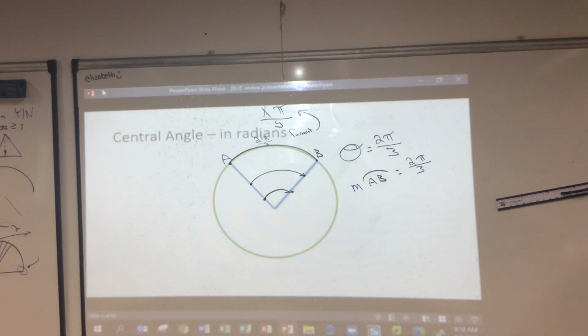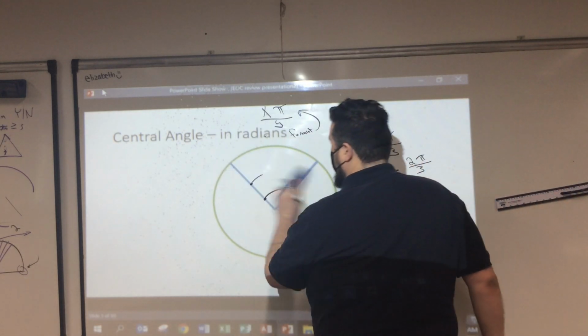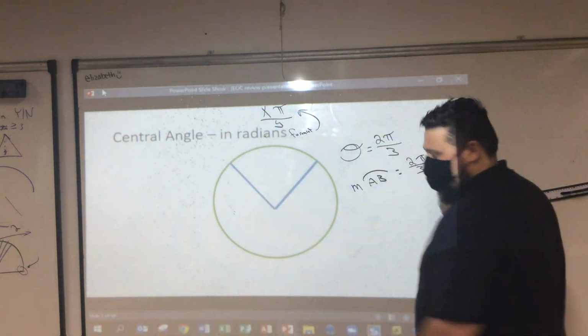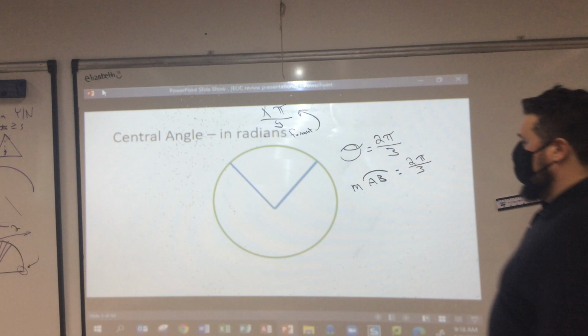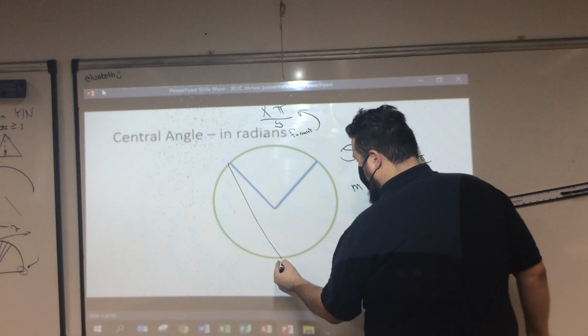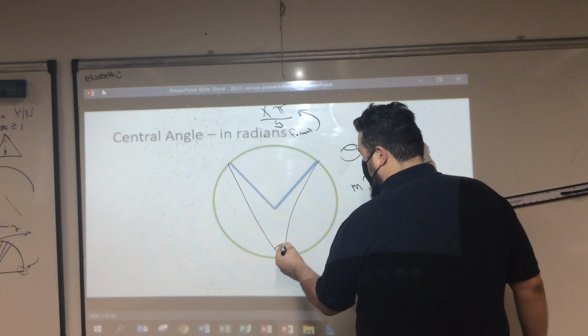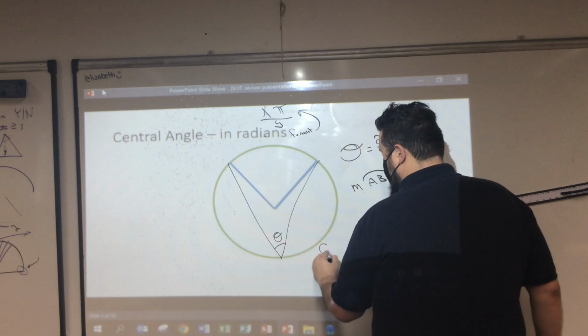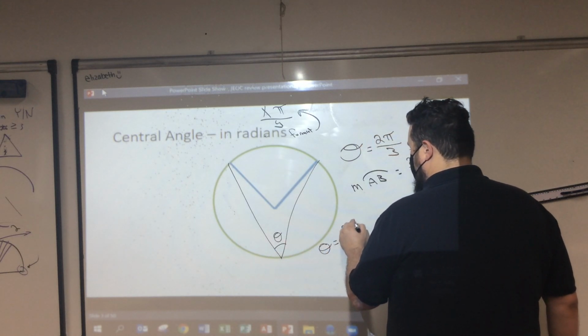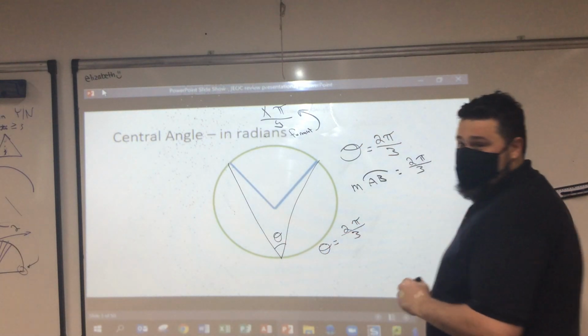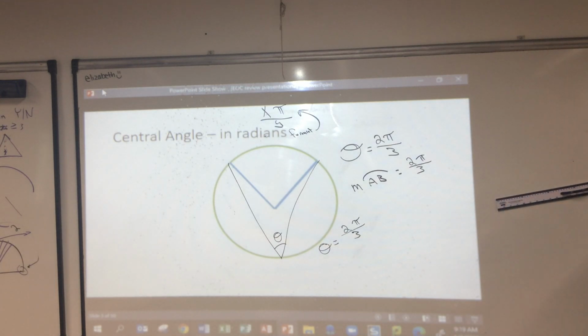Abby: If you're given an inscribed angle in radians, how do you find the arc measure by multiplying it? Great question. We have an inscribed angle, and this right here, we'll call it theta, is still 2 pi thirds, and you're asking what the arc measure is.